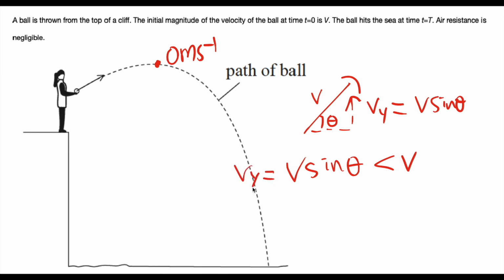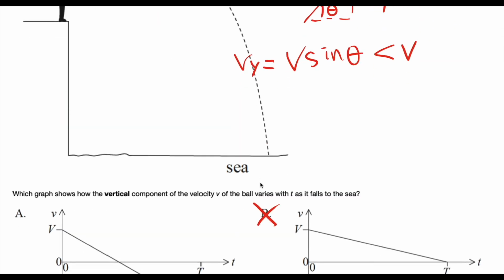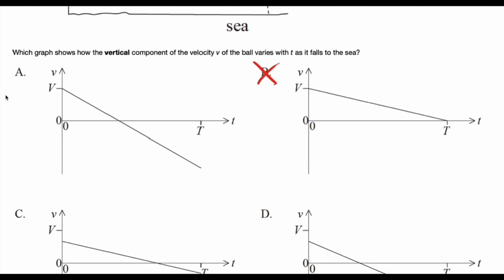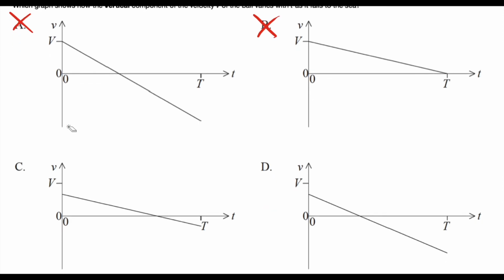So v sub y is always less than the initial velocity v. So here, this must be wrong because its initial vertical velocity cannot be greater than the initial velocity. In fact, it is less than the initial velocity. So A is wrong. So we only have C and D.